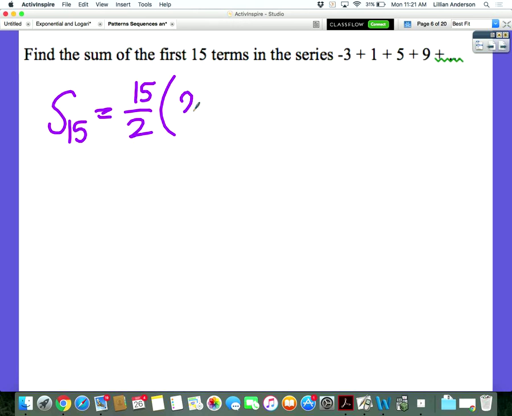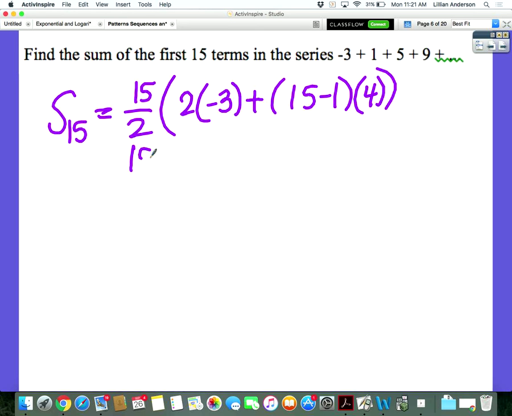The second one. I don't want to have to try to find my last term to do this. So it's 2 times your first term plus n minus 1 times d, right? D is what? 4.